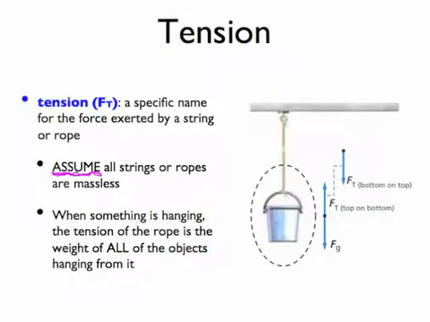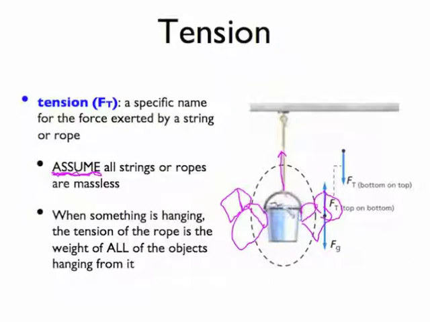When something is hanging, the tension of the rope is the weight of all the objects hanging from it. Right now, we have a tension force from this one bucket. But if we were to attach another bucket over here and another bucket over here and then a bucket to that bucket, the tension force would increase, and it would be the mass of everything that's hanging from it.